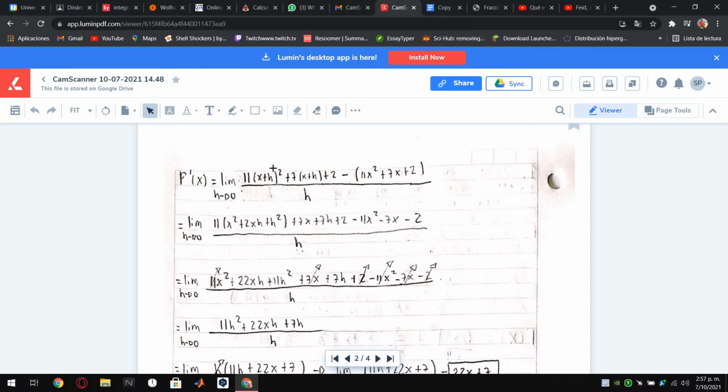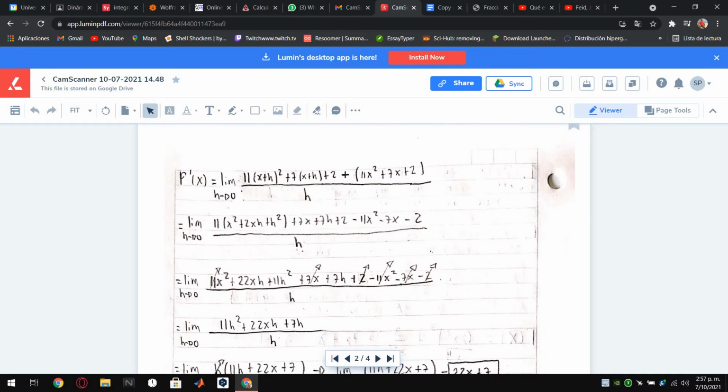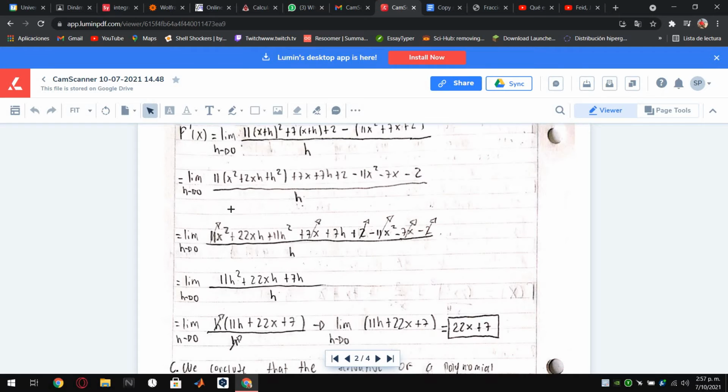Then you solve the parentheses, or you do the FOIL, and then you distribute this minus sign, so all these terms become negative, and then you have to multiply this 11 for all the terms inside this parenthesis.